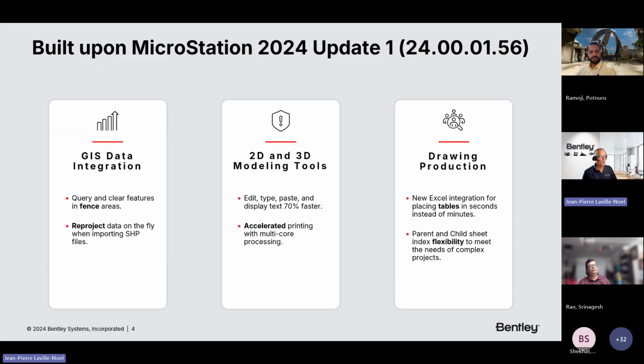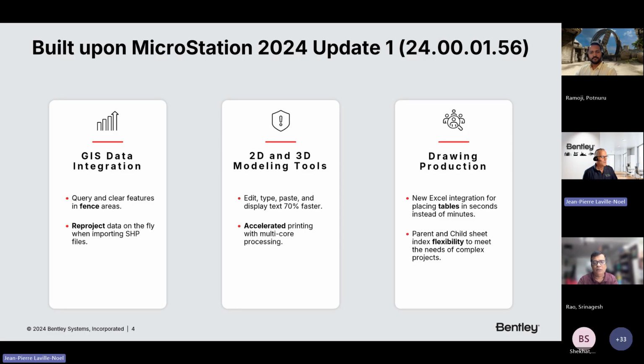The 24 release of OpenRail comes with MicroStation 2024, as usual. We are integrating the latest platform. So if we are talking about 25, for example, we will include MicroStation 25, and that's also a very good announcement, just to name one, with for example the Google 2D and 3D available from the platform.